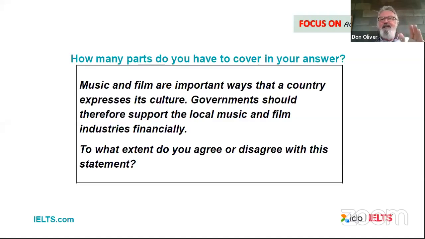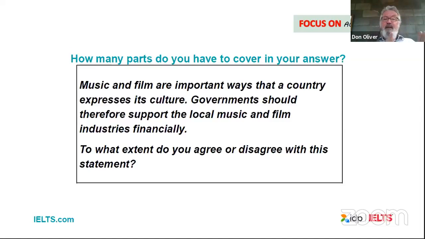Here is an example of a task 2 task. And I'm asking you, how many parts are there to this task? Read it now. Music and film are important ways that a country expresses its culture.